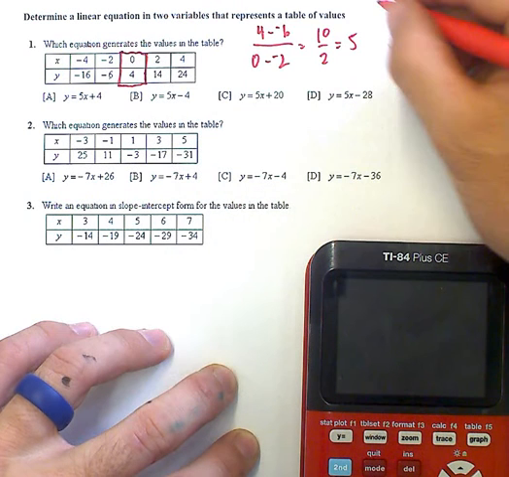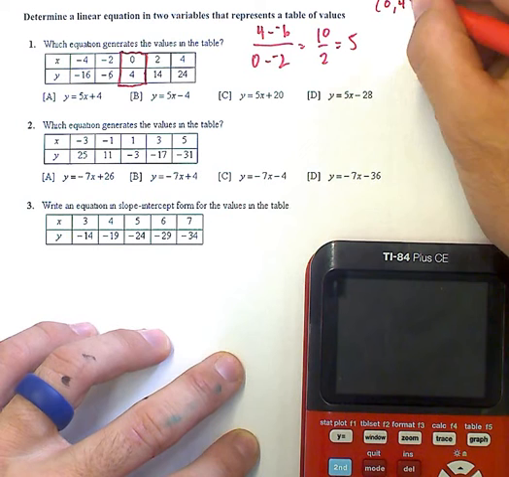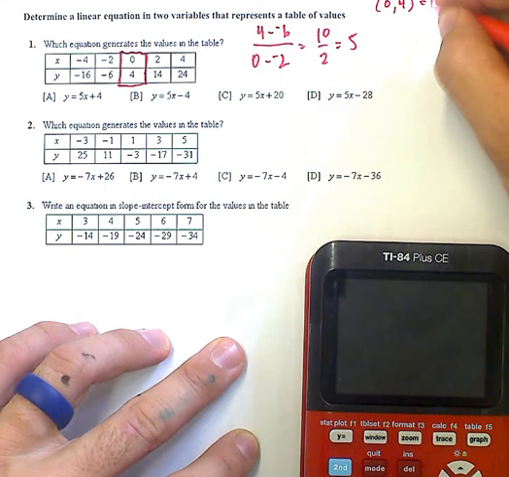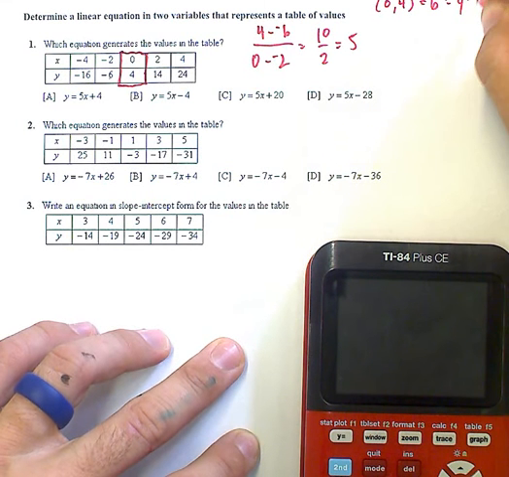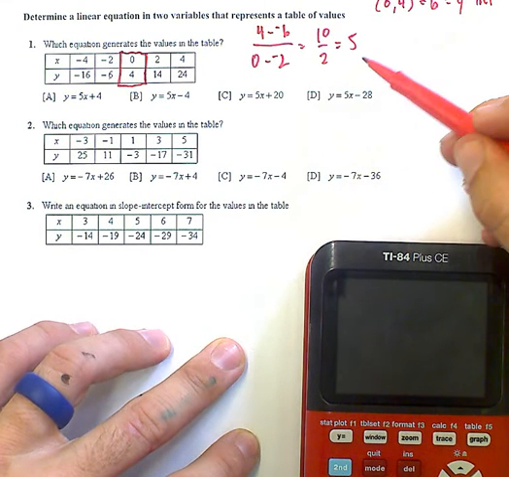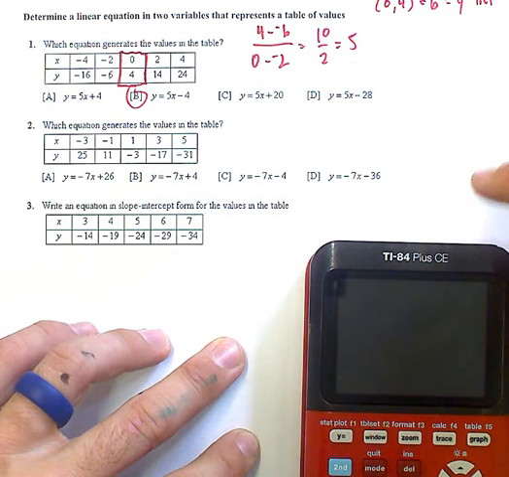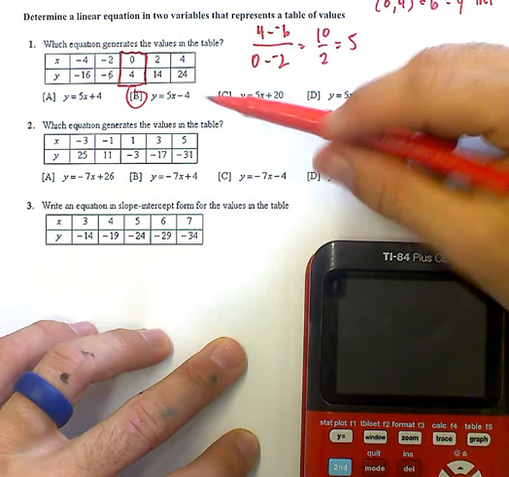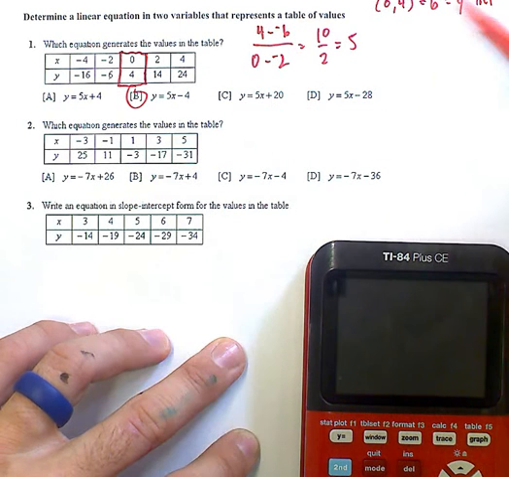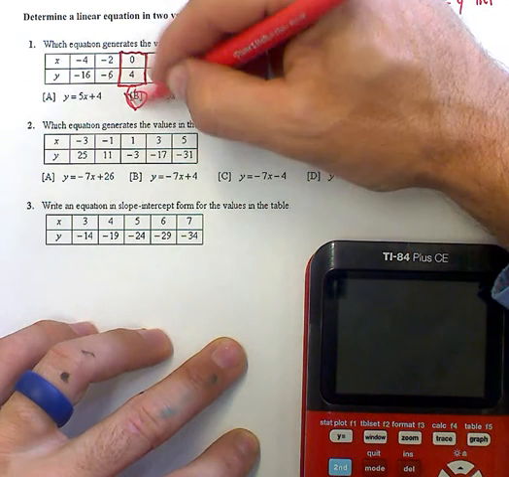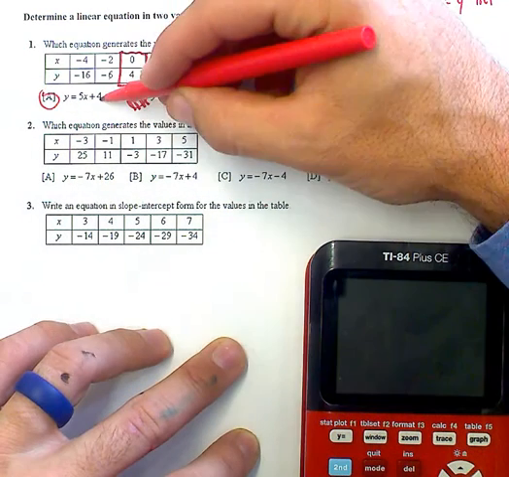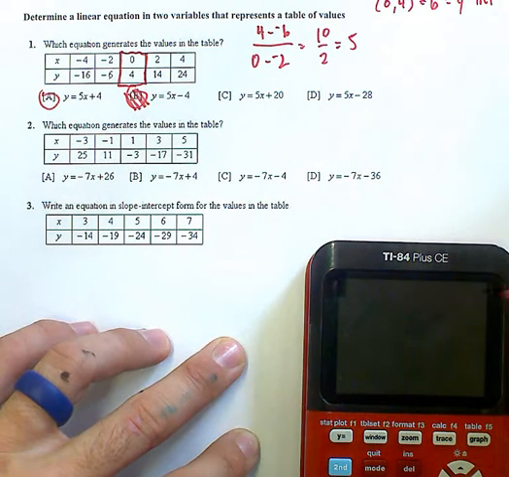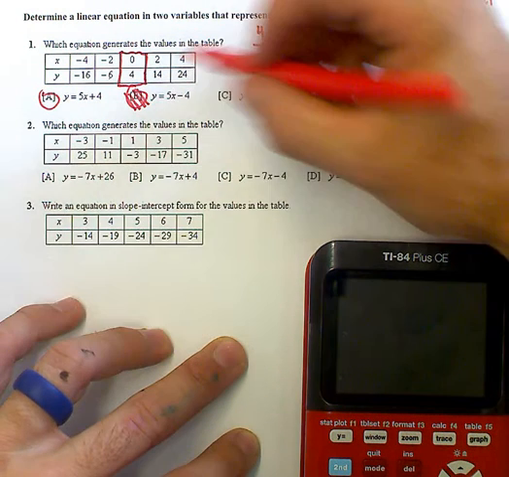A (0, 4) coordinate actually gives me my b, or my y-intercept. So in this case, I know right away that my answer choice is A, because I want my y-intercept to be positive 4.